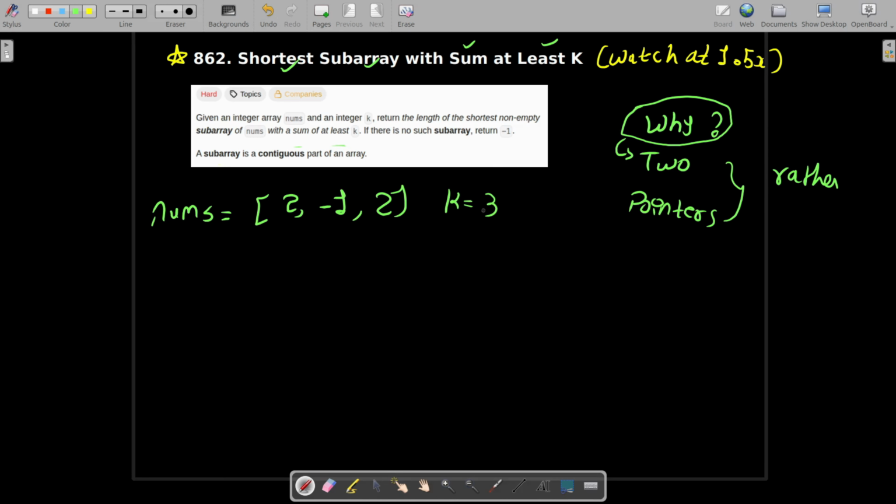This example is given by LeetCode, and if we take i and j here, and let's suppose I am taking answer equals 0, then first we get 2, then we take i here, then we will get 1, then i here, and we will get 3. So we got this subarray and we have to return the shortest one.